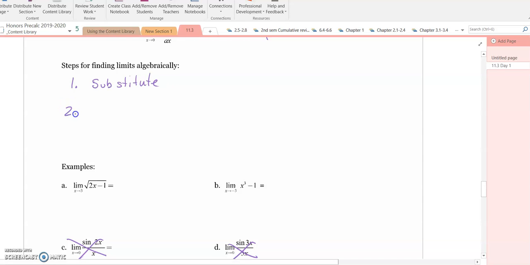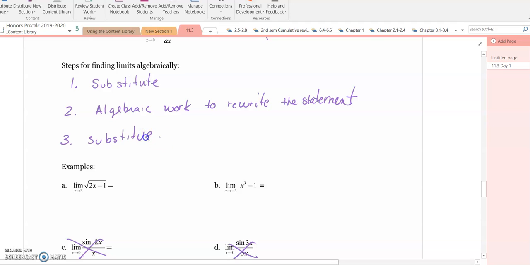But if not, then we need to do a little bit more work. We may need to, as I showed you, find that new function that's almost identical, and that's what I mean by rewrite the statement to get something I can manipulate a little bit, and then try to substitute again and see if I can get that constant. So here are two really, really basic examples.